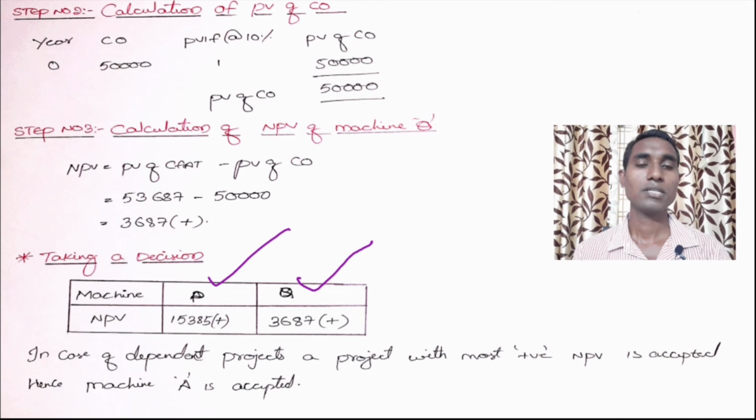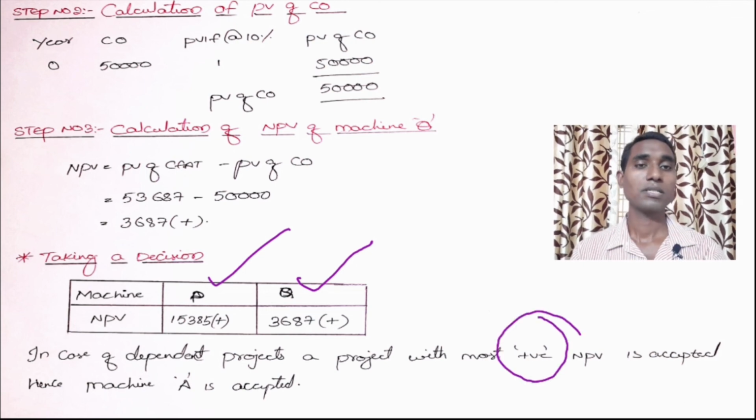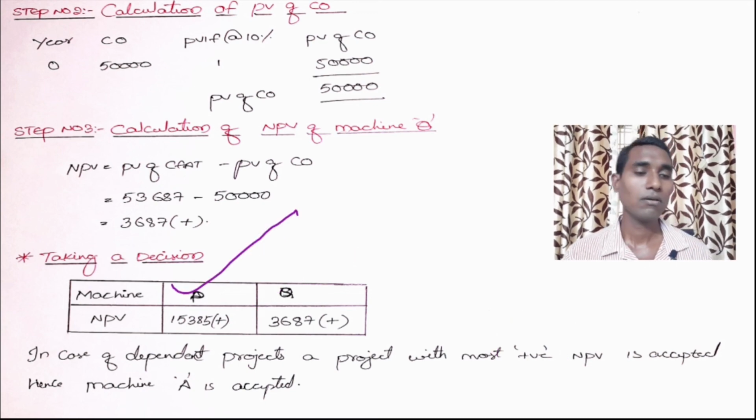In the basic concepts of NPV we have understood how to make a decision in case of dependent projects; you please go through the earlier videos. In case of dependent projects, we select the project with the most positive NPV. So here the most positive is 15385, which is more than 3687. That's the reason machine P is accepted. So this is how we suggest a decision.